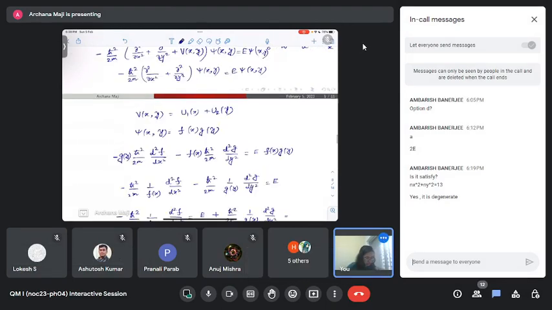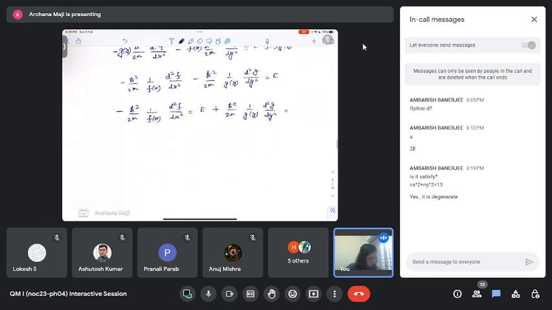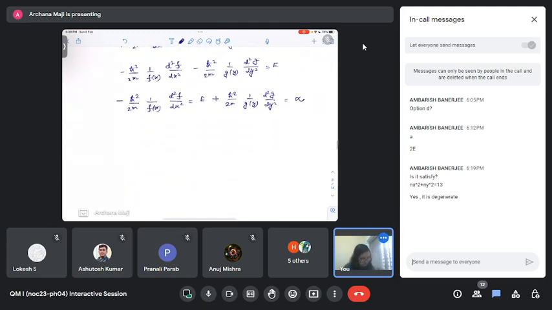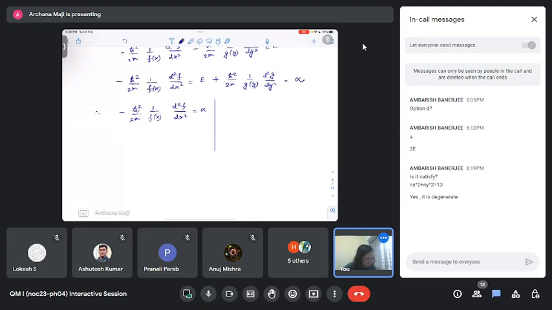Let's call this constant alpha. So therefore the two differential equations that we now need to solve is this one and h cross square over twice m is equal to alpha, correct?